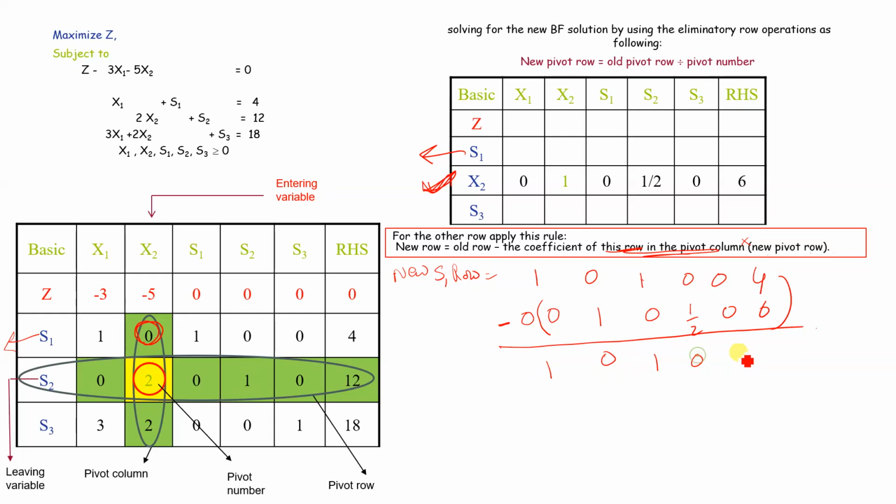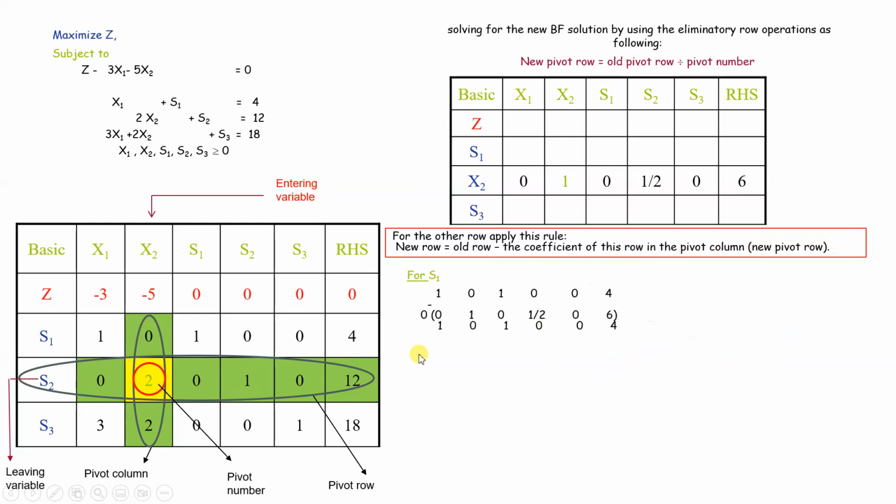So this row will remain as it is, in short. Let's write this: 1, 0, 1, 0, 0, 4. Our target was to make these elements 0, and we already had 0, so that is why this will remain 0. If you find some element in a row in the pivot column 0, you can write that row as it is. This is what we learned from this.